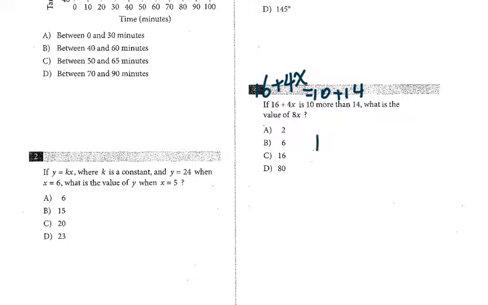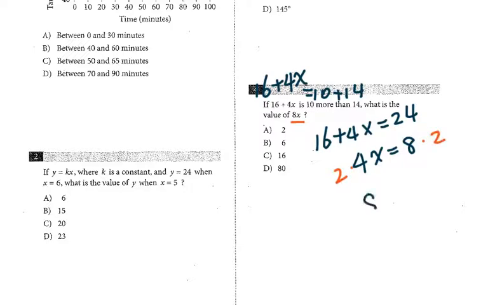Therefore, I get 16 plus 4x equals 24, and 4x equals 8. I'm looking for 8x, so I just need to multiply by 2. Therefore, 8x equals 16. That's C, your answer.